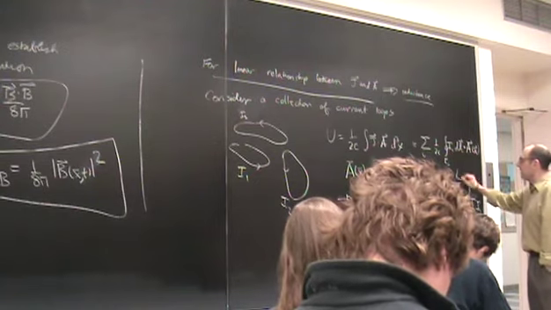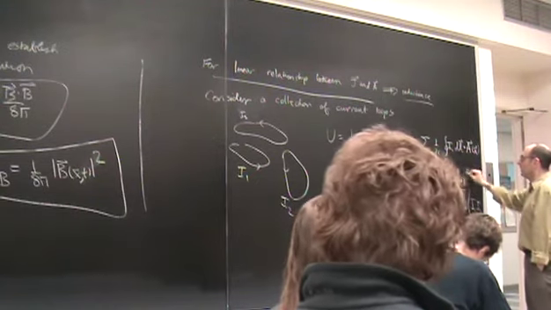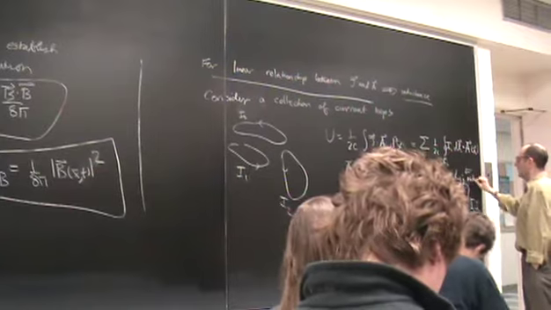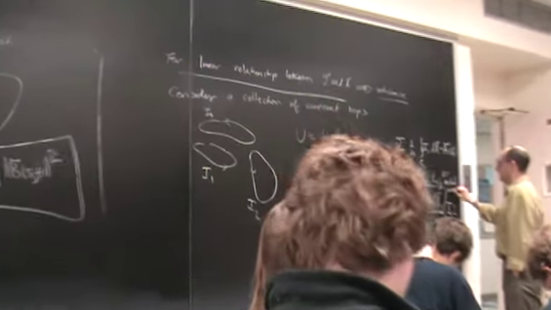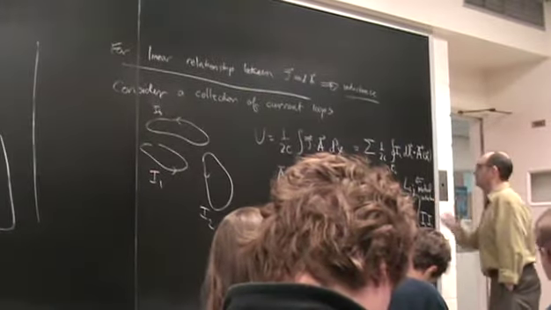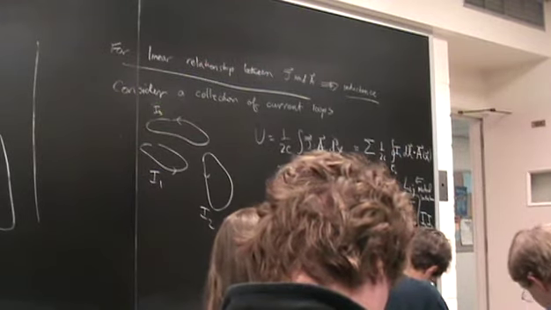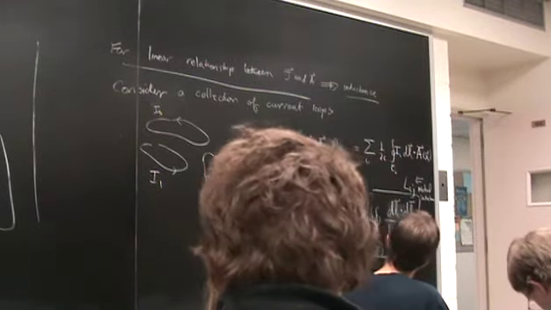And this matrix here is called the mutual inductance. It's a geometric quantity.